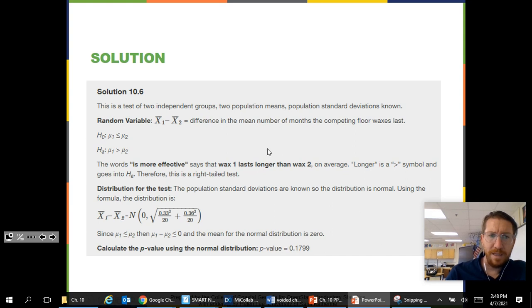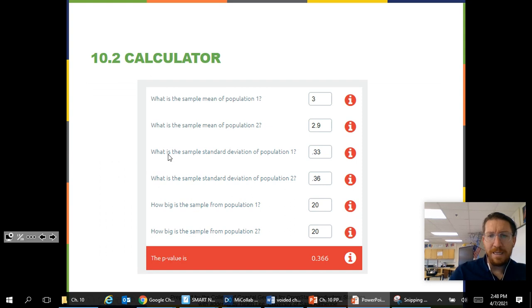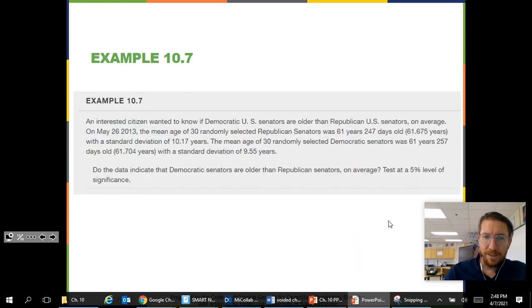But all these hypotheses statements are going to be a one-tail test because we're looking for the average of 1 to be greater than the average of 2. So that's looking at just one side. So what we need to do is take this probability and divide it by 2. So we take that 0.366, cut it in half, we get about 0.18.